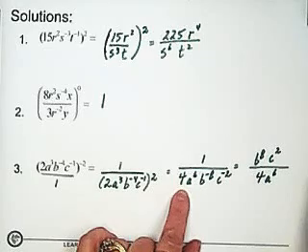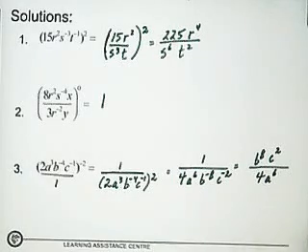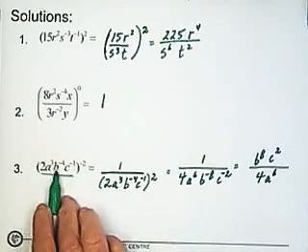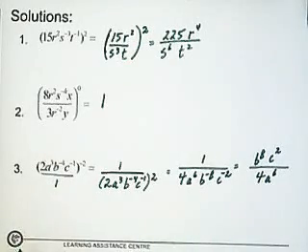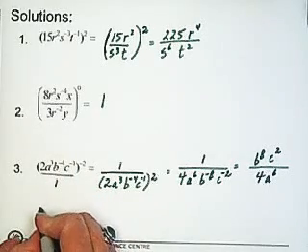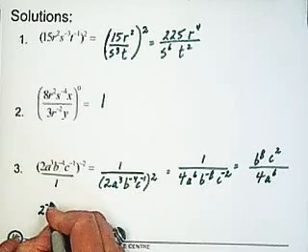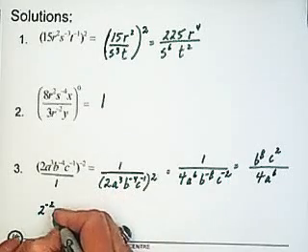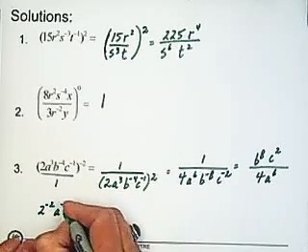Okay. Now I want to show you just another way that you could have worked through this question. Again, remember that this minus 2 can be multiplied by everything, right? It will go into all of these. So we could say that we have 2 to the minus 2. We have a to the minus 6.